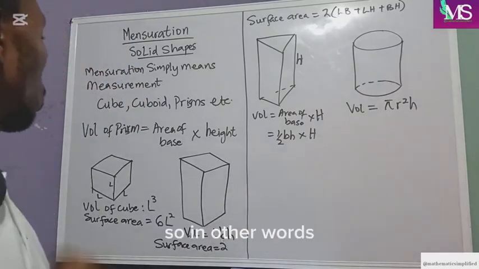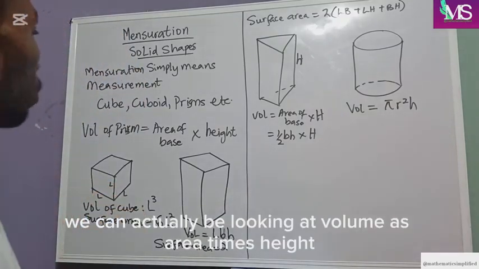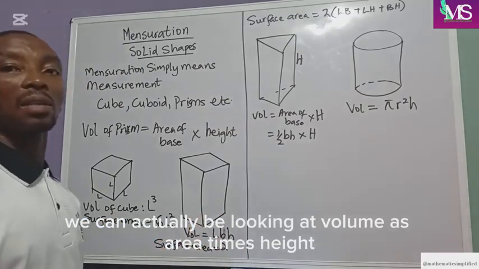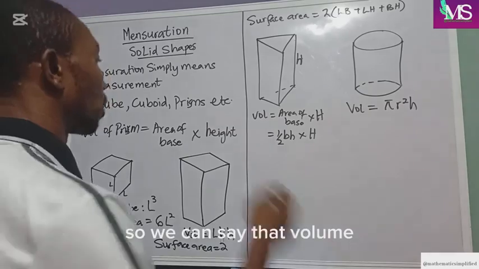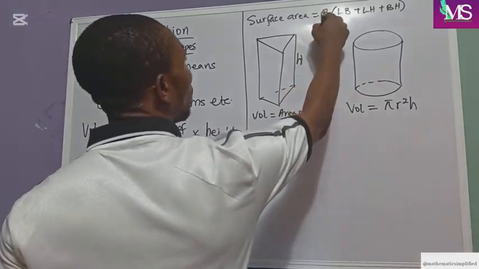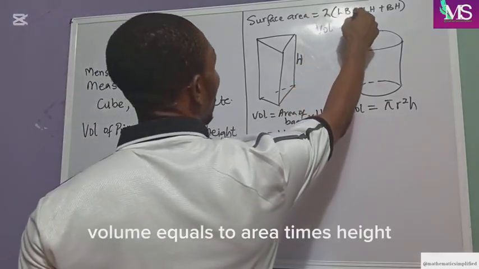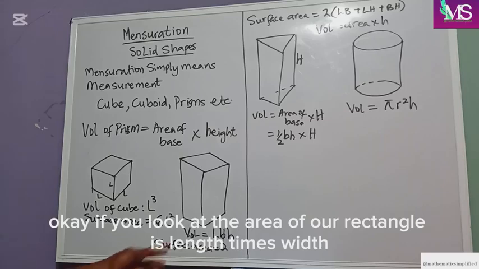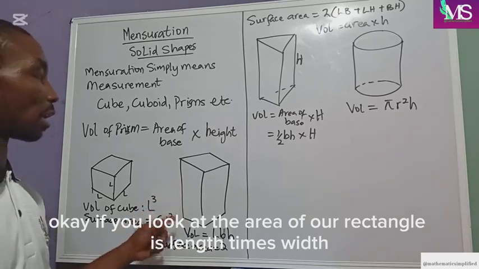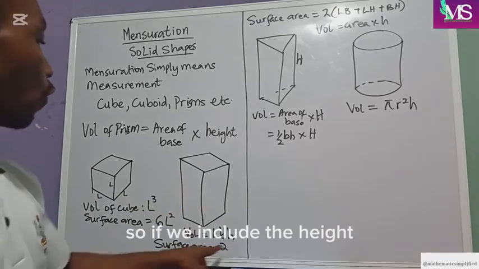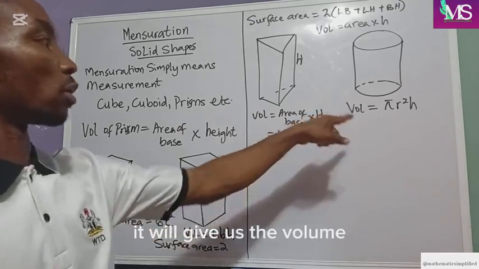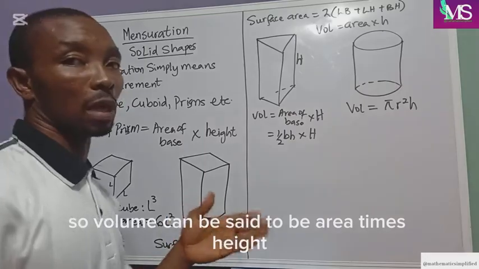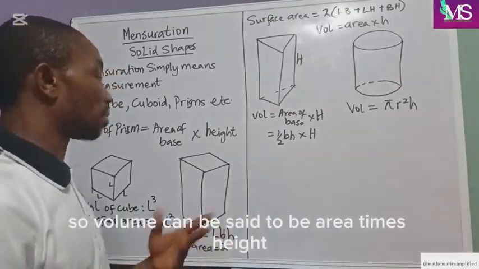So in other words, we can be looking at volume as area times height. Okay, if we look at the area of our rectangle, it is length times breadth, so if we include the height, it will give us the volume. So volume can be said to be area times height.